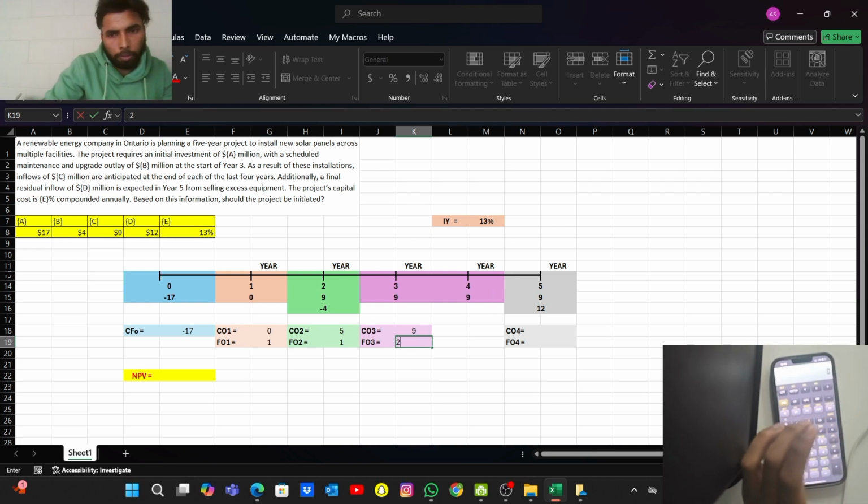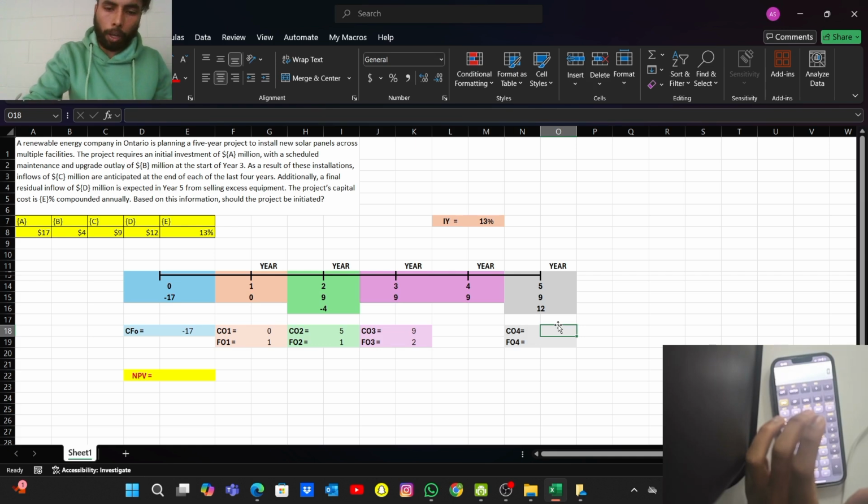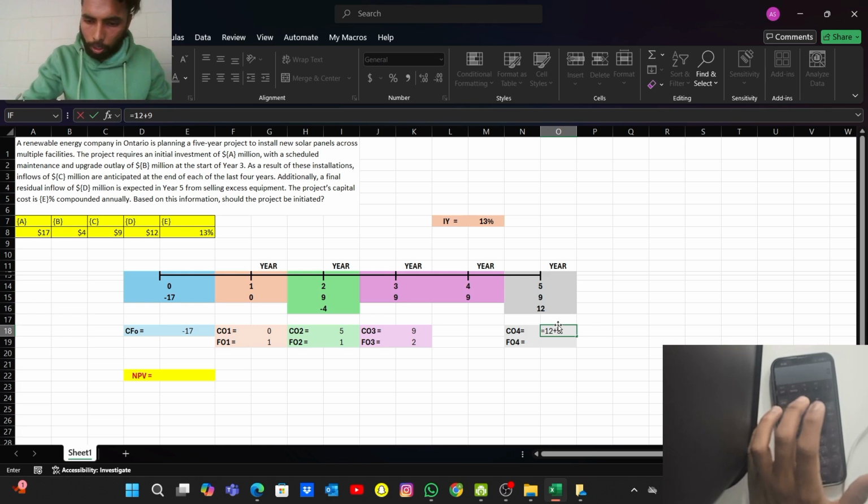At the end of the fifth year it is 9 plus 12, because 9 million is profit and 12 million is expected from selling all the equipment. So we add both, 12 plus 9, enter.